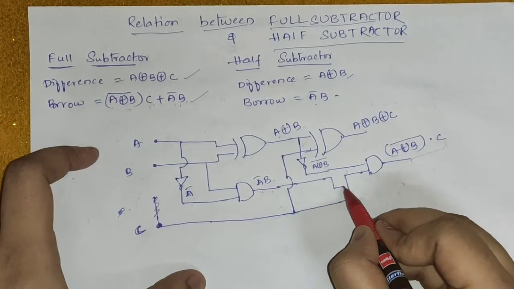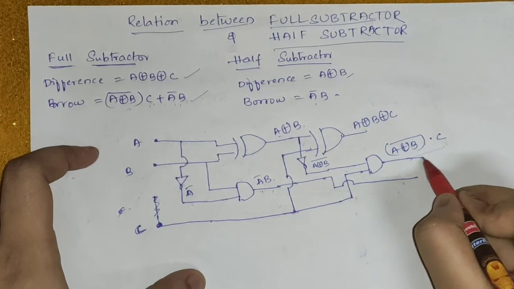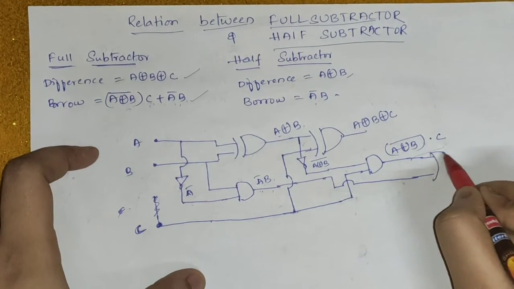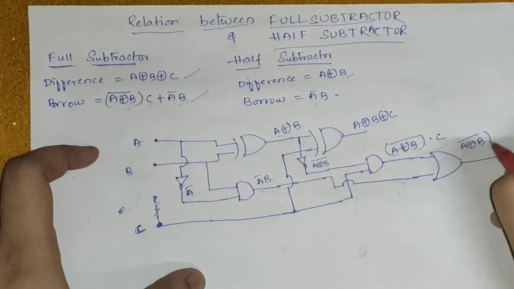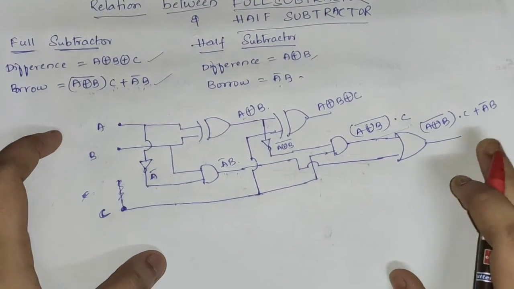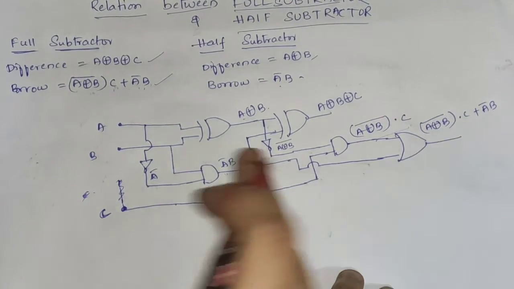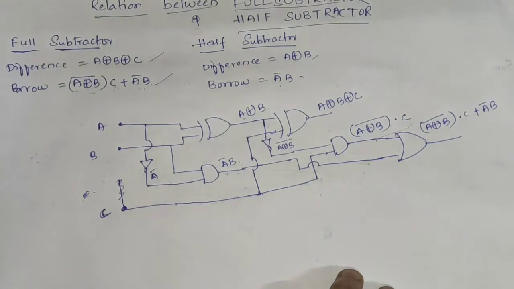Okay, let us do that. If we construct the OR gate between these two, we will get a XOR b whole bar dot c plus a bar b, which is the borrow expression in the full subtractor.